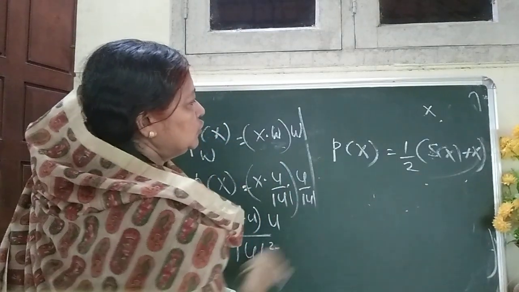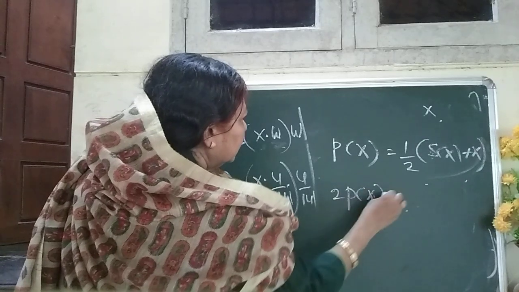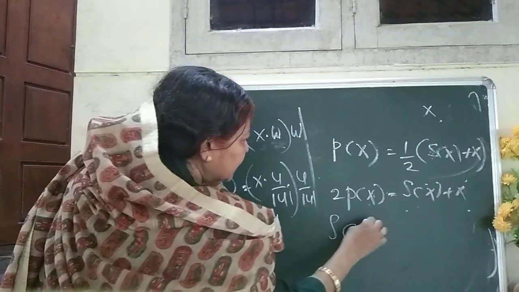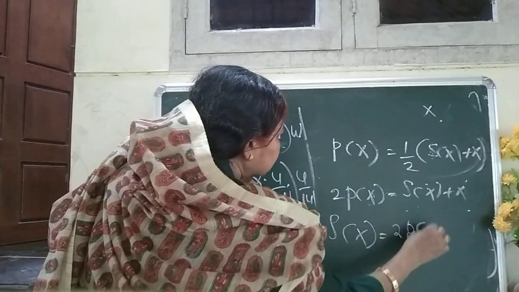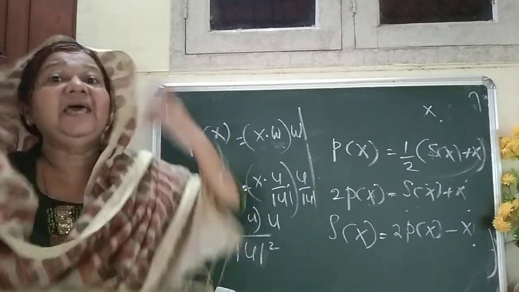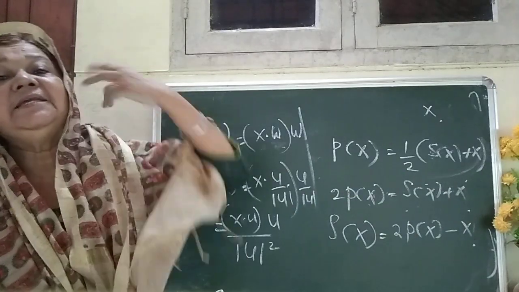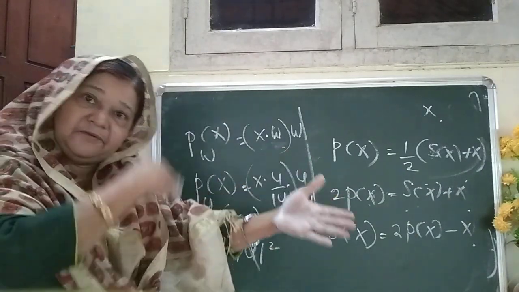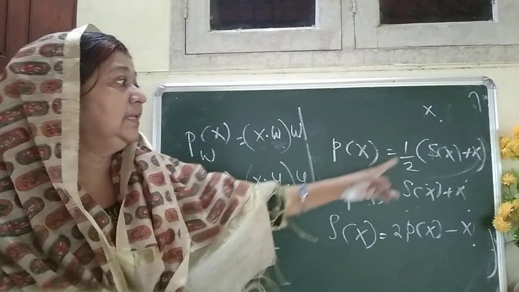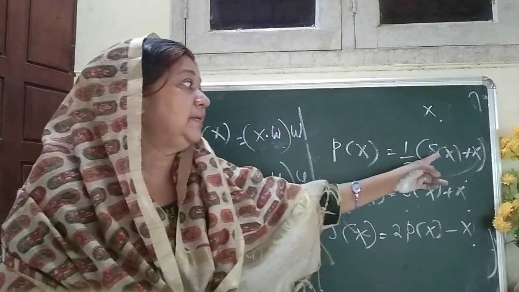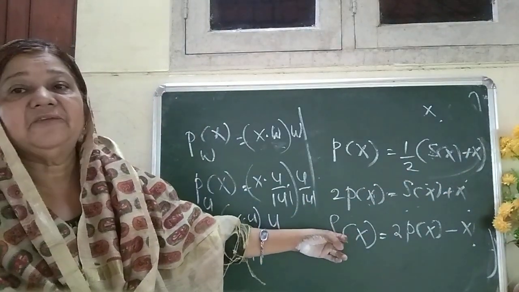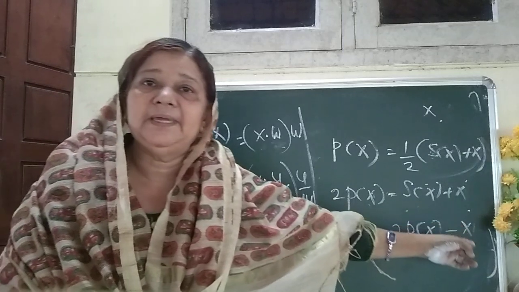Therefore, we have 2Px equals Sx plus x, or the reflection Sx equals 2Px minus x. The reflection is the back side of the projection, so by this equation the reflection equals 2 into Px minus x.